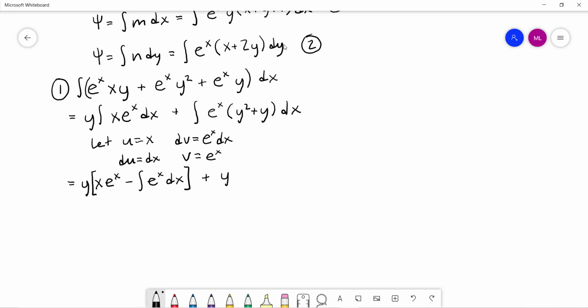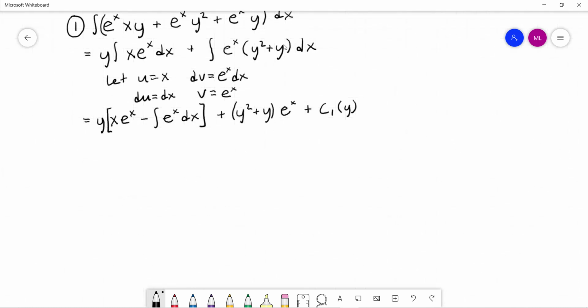And that's just going to multiply the y squared plus y term, as though the y squared plus y were a constant, plus some constant that can be thought of as, in this case, a function of y. So if we clean this all up, we've got xy e to the x for the first term. This integral is just going to be e to the x, so I'll have minus y e to the x.